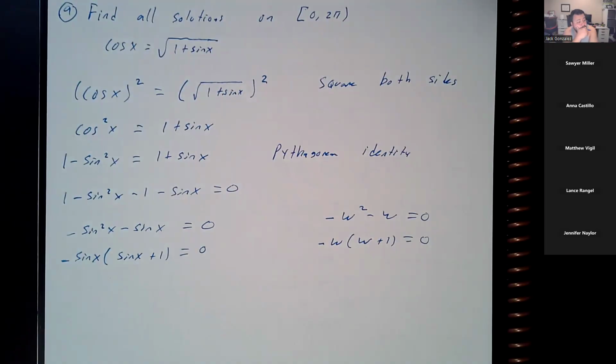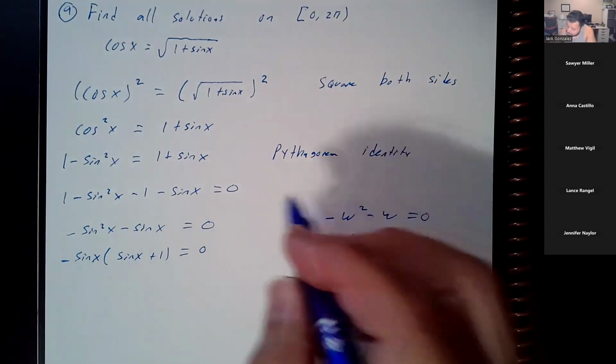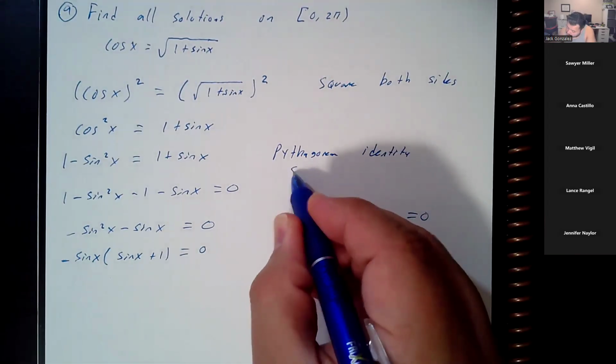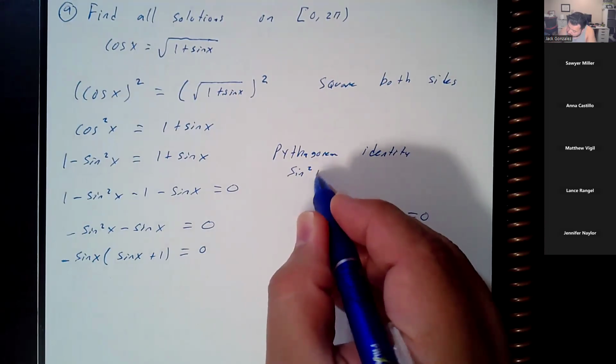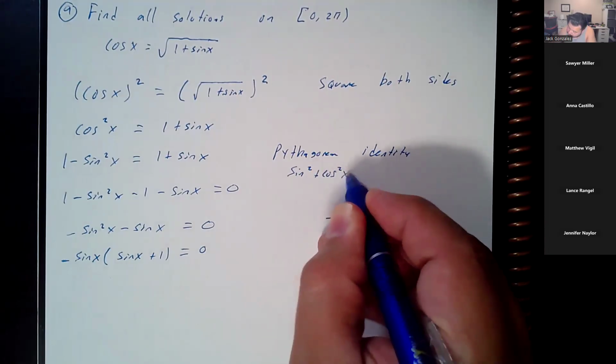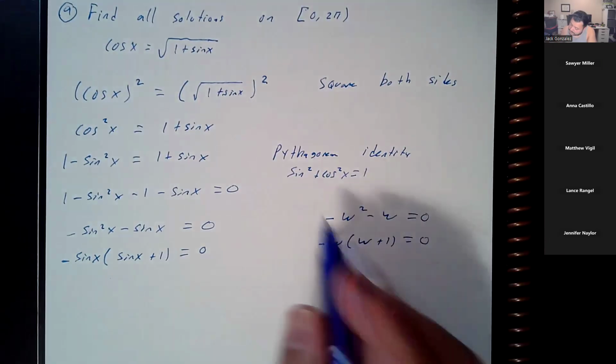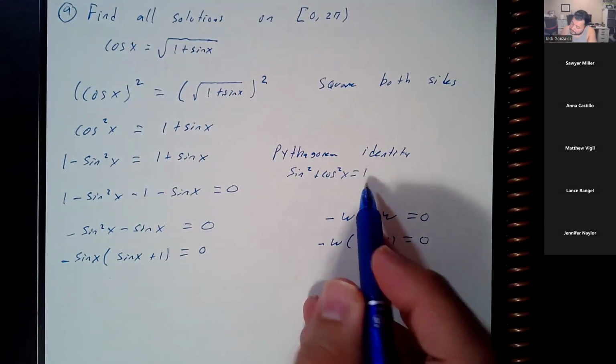Okay. Which Pythagorean? The OG: sine squared plus cosine squared equals 1.